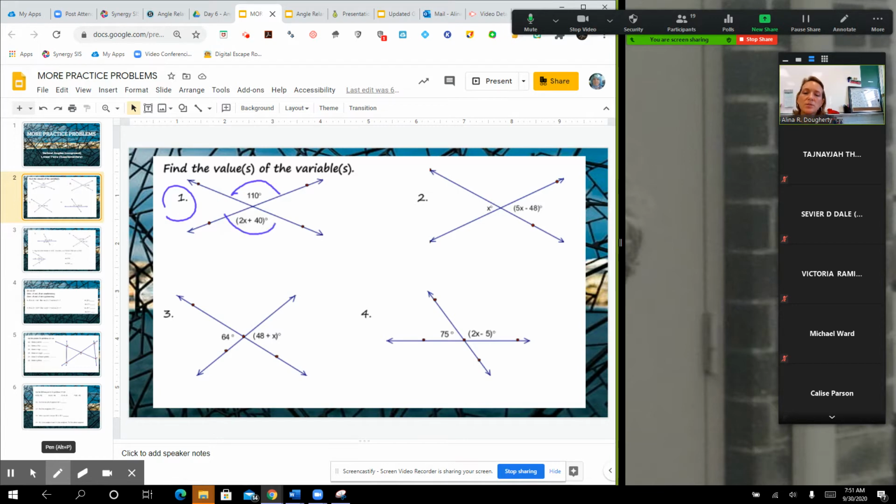What kind of angles are those? Can anybody unmute themselves and tell me? Are they vertical? Are they supplementary? Are they congruent? Are they adjacent? Are they complementary? Don't everybody shout out at once.